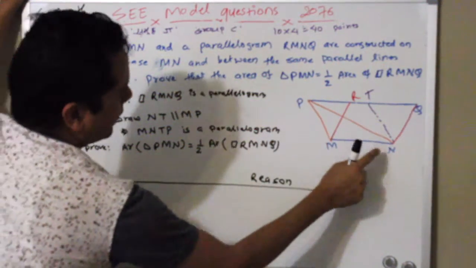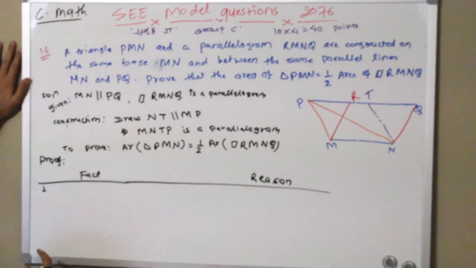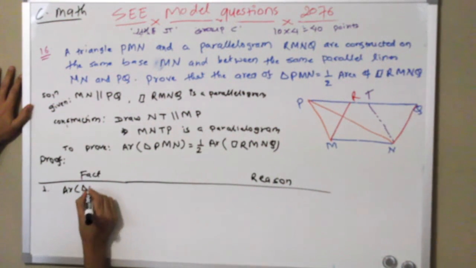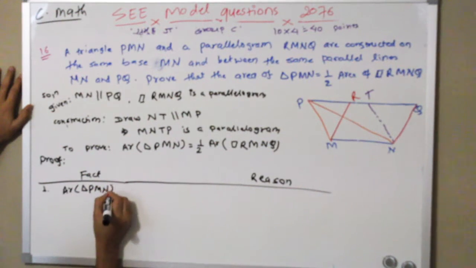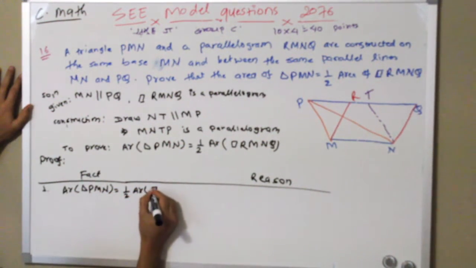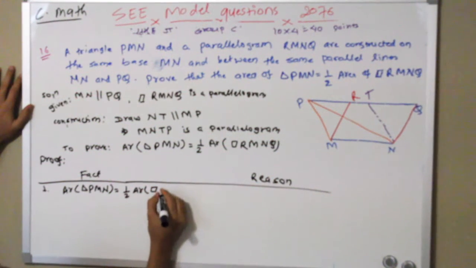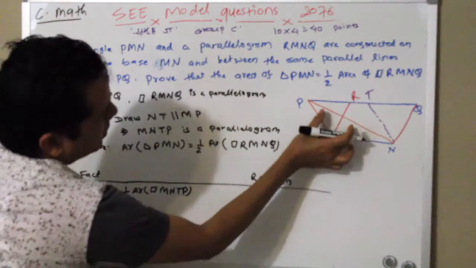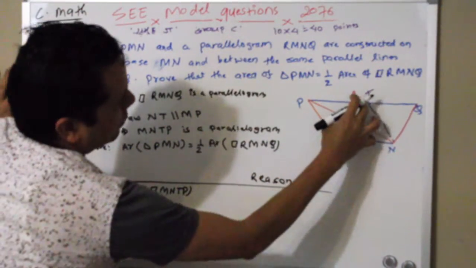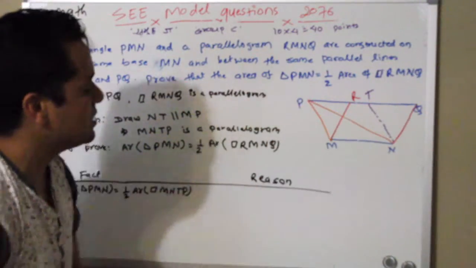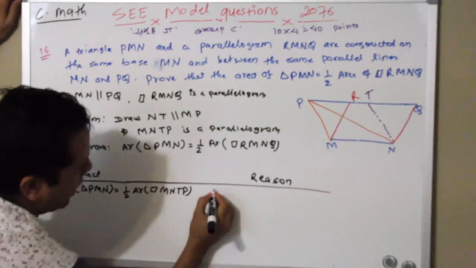Area of triangle PMN is equal to half of the area of parallelogram MNTP. This triangle is half of the parallelogram because PN is a diagonal. Write down the reason why.